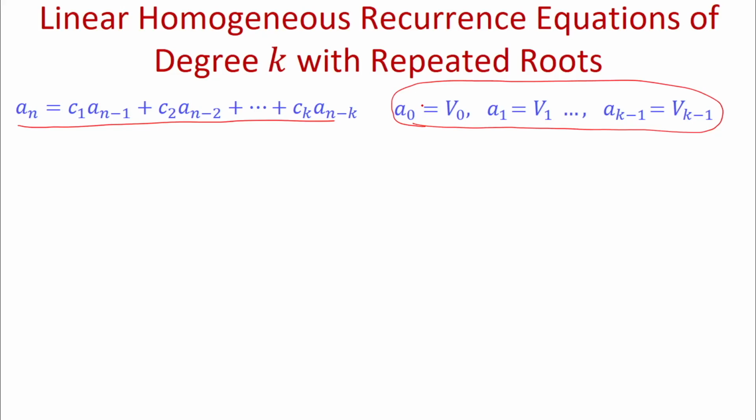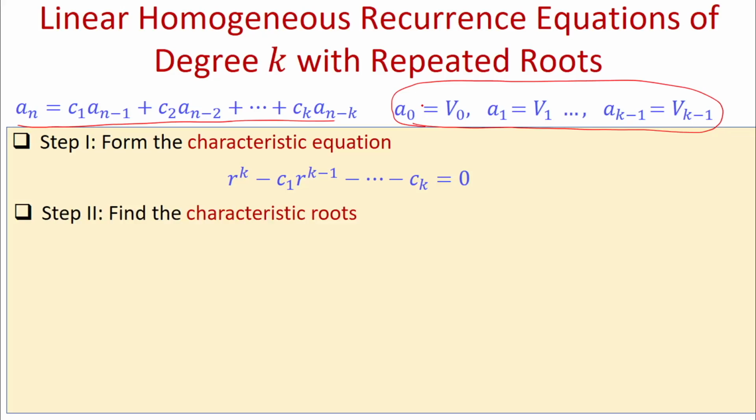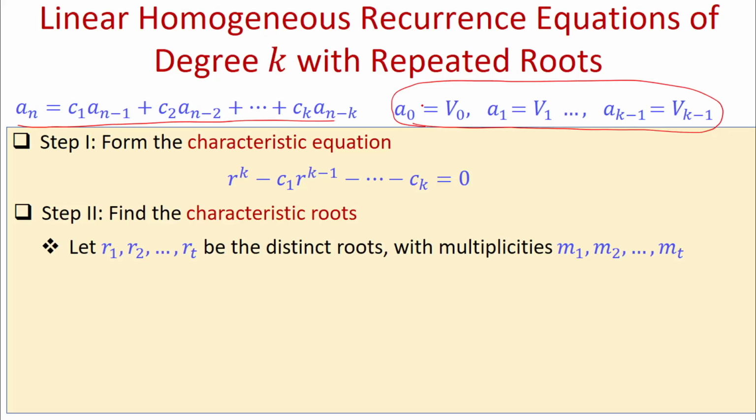Right? So the first step here will be forming the characteristic equation, which will be an equation of degree k, and hence it will have k characteristic roots. Some of them might be distinct, some of them might be same, and so on. So what I do here is I denote the distinct roots by R1 to RT, right?